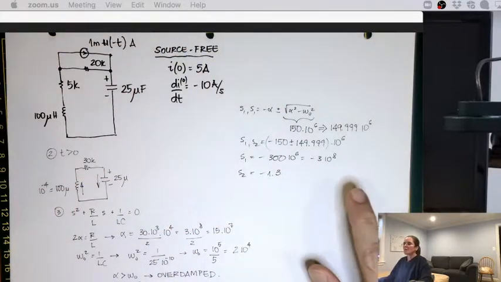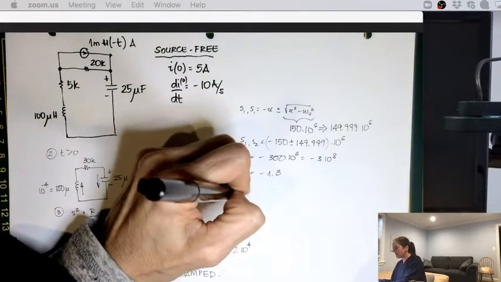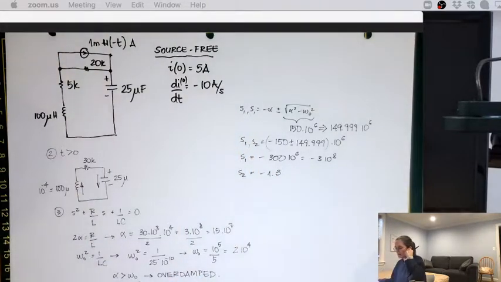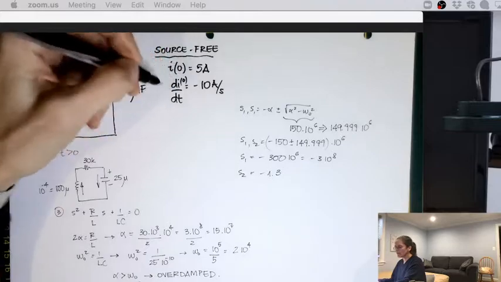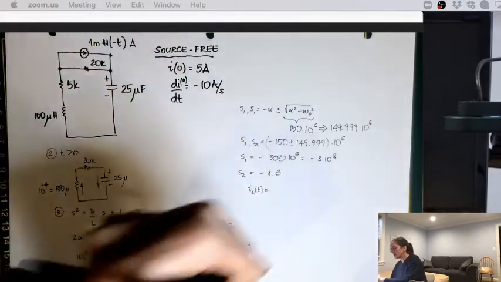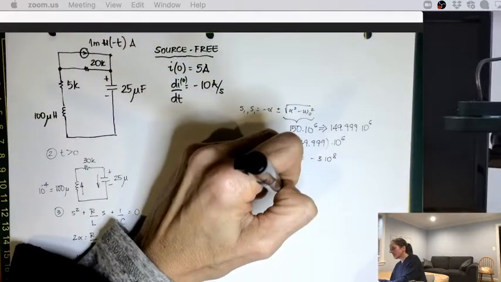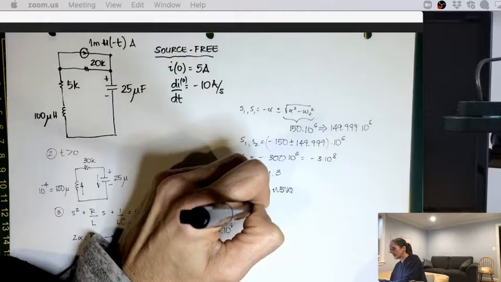So then we write this out. Here we're interested in the current. I_L of t will be minus 3, not minus 3, sorry, my bad. Let's try again.